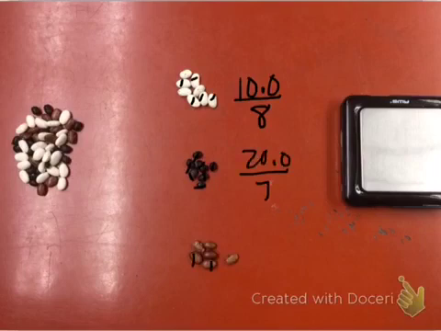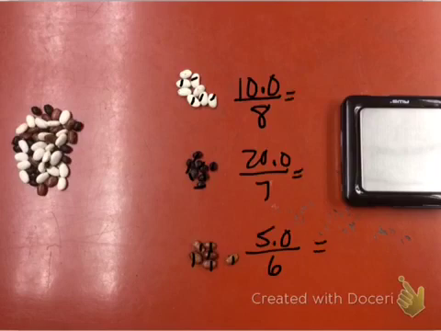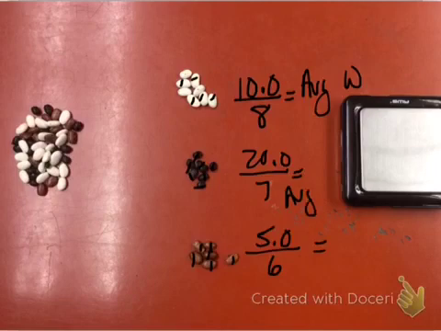And then I have 1, 2, 3, 4, 5, 6 beans, and I said their mass was 5 grams. So now what I'm going to do is divide those out, and that's going to give me my average. So this is the average for the white, average for the black, and average for the red.